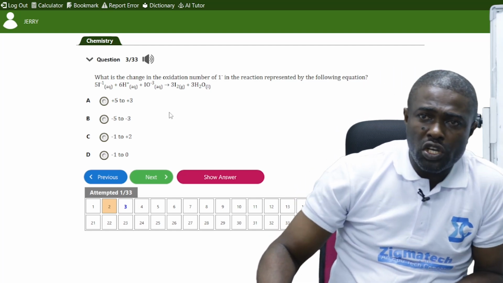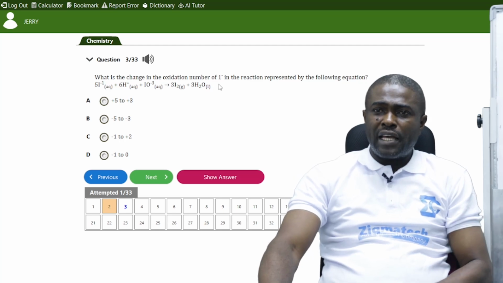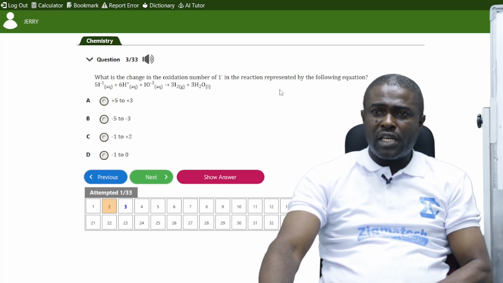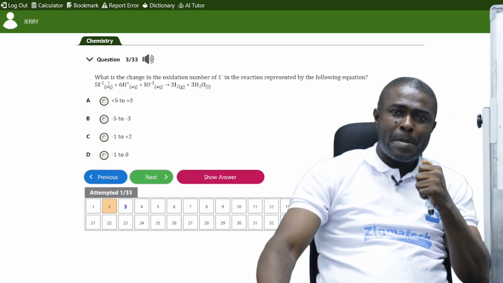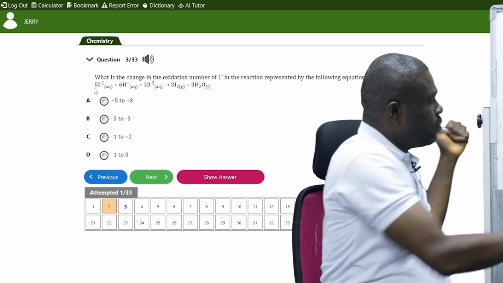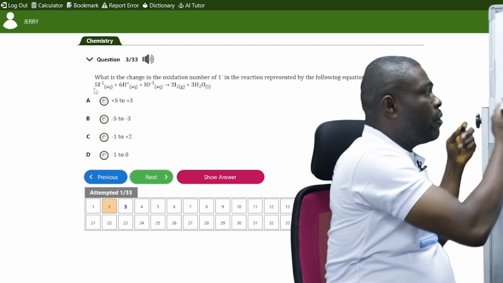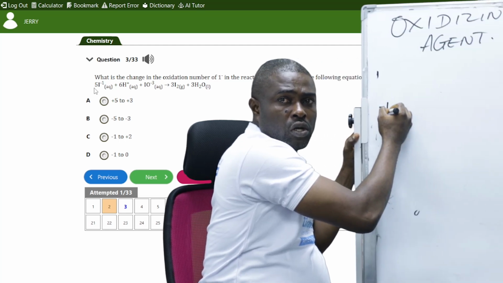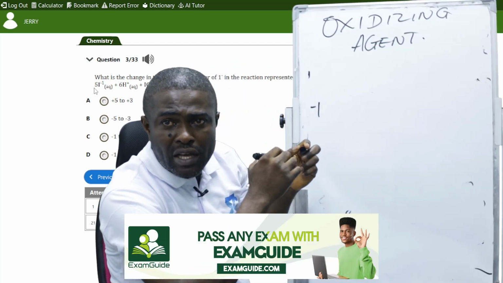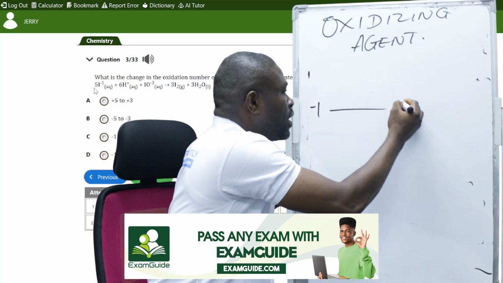What is the change in the oxidation number of iodide ion in the reaction represented by the following equation? Iodide ion is actually moving from -1. Where can we find iodide ion again on the right-hand side? That is when it becomes neutral.